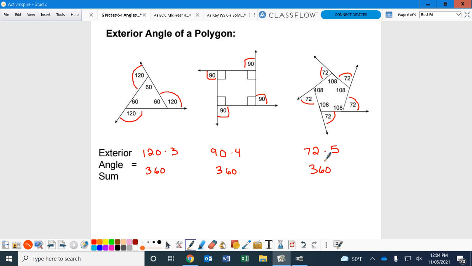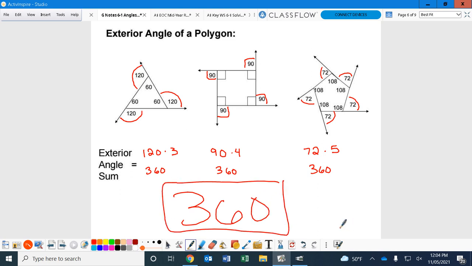The number of sides doesn't matter. It could be 500 and the exterior angles will still add up to 360. Every single time they're going to add up to 360. Guys, I even wrote it down on the beginning of the next slide. It says the exterior angles of a polygon will always add up to 360. So let's take a look.